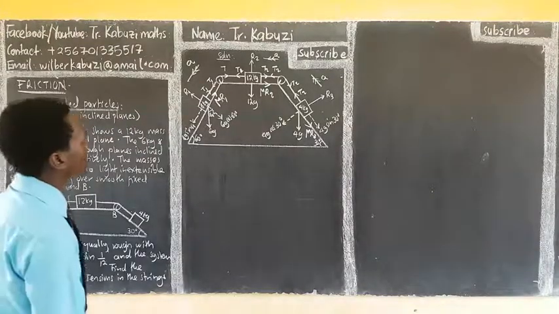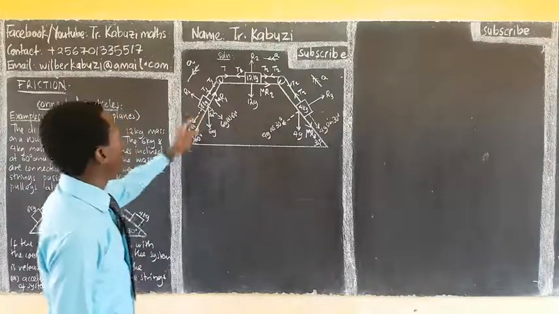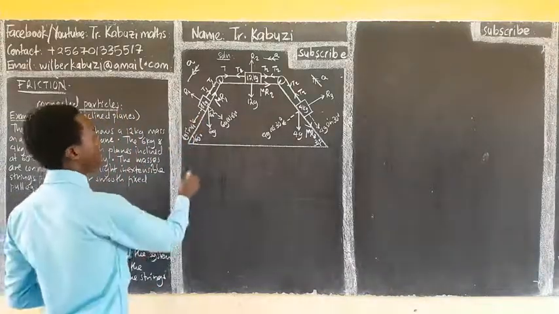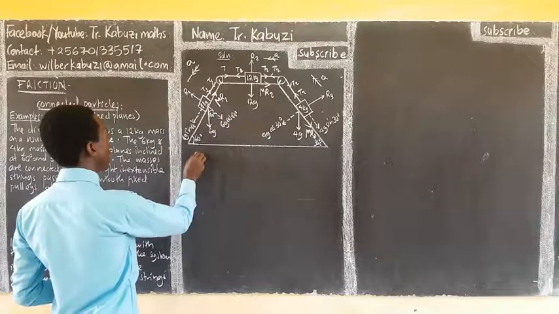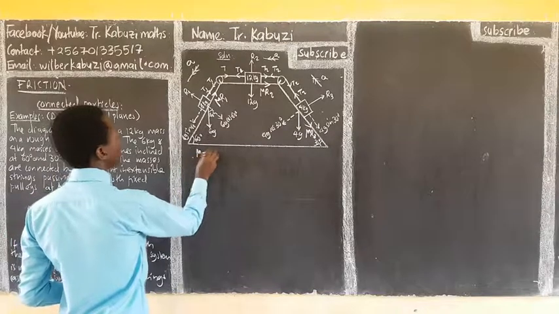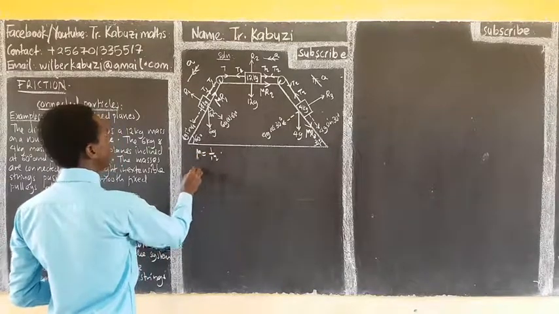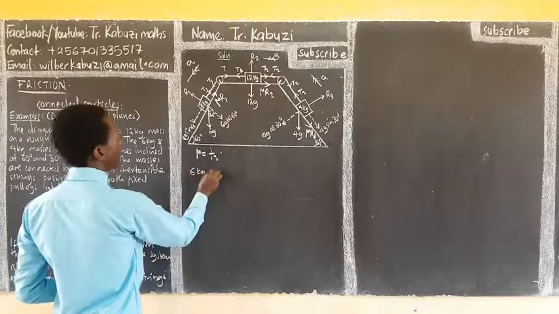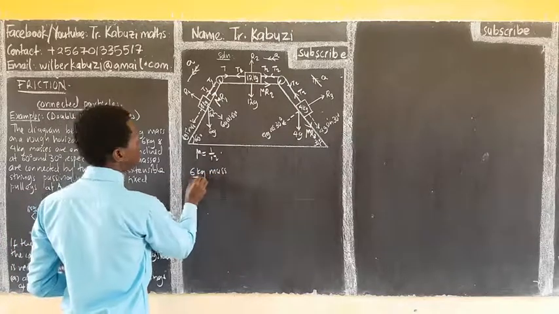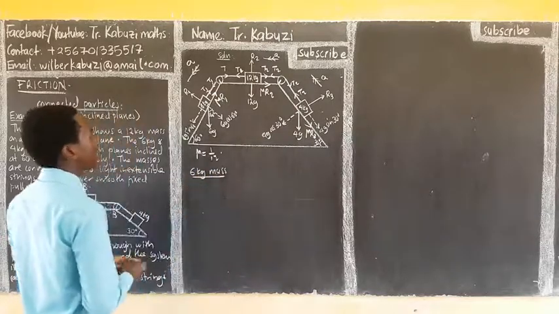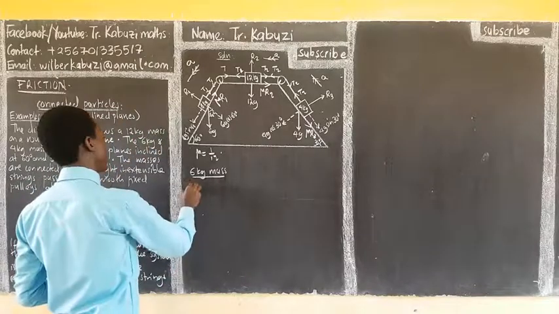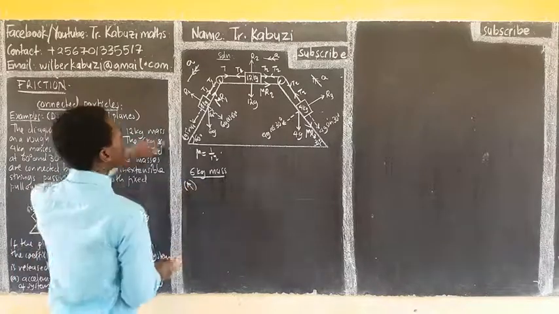So now we start with the 6 kilogram mass. They gave us our mu as 1 over 12. Let us start with the 6 kilogram mass. If you read, we started by resolving in that direction.